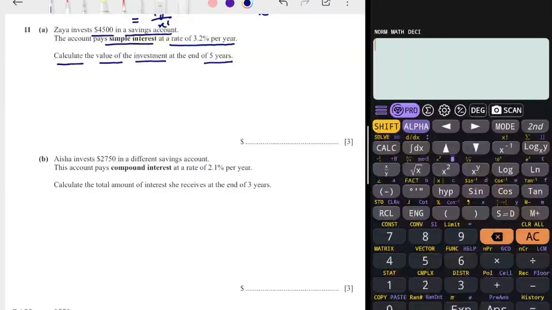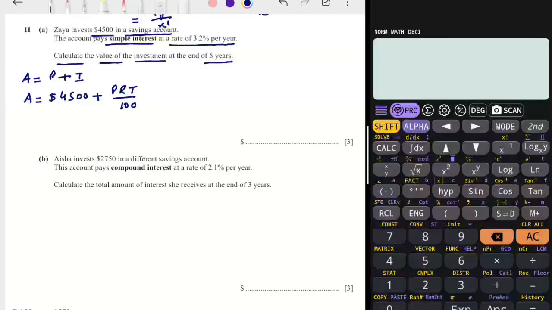So the formula for amount is equal to principal plus simple interest, and amount is equal to principal, $4,500, plus simple interest, which is PRT over 100.